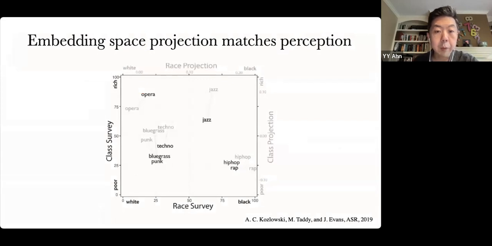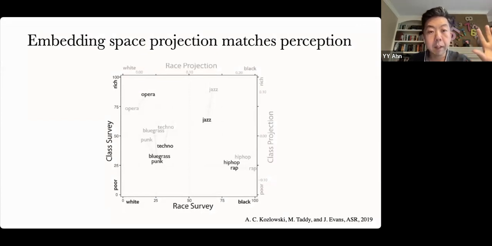So for instance, if you get word embeddings of all kinds of words using text from everywhere, that puts these word vectors in locations that make sense. Here, they compared the survey result with the embedding projection.